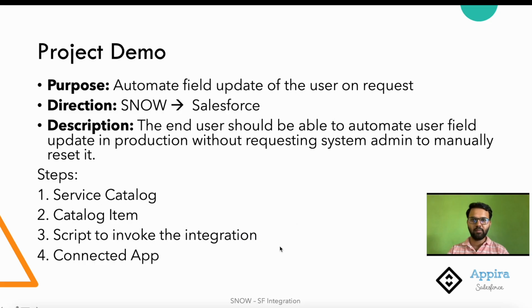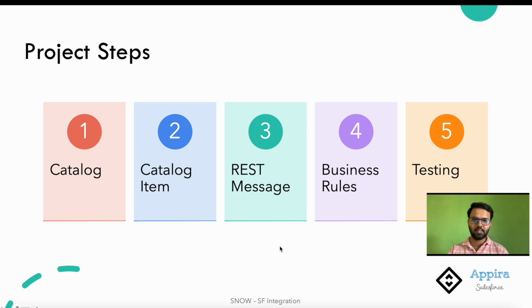Our demo is completed, and these are the steps that we have gone through. We created a catalog and catalog item, and we created a REST message and business rules. In the REST message we created some hardcoded IDs and then replaced them with user variables. Then the script is generated and used in business rules, and finally we tested that.